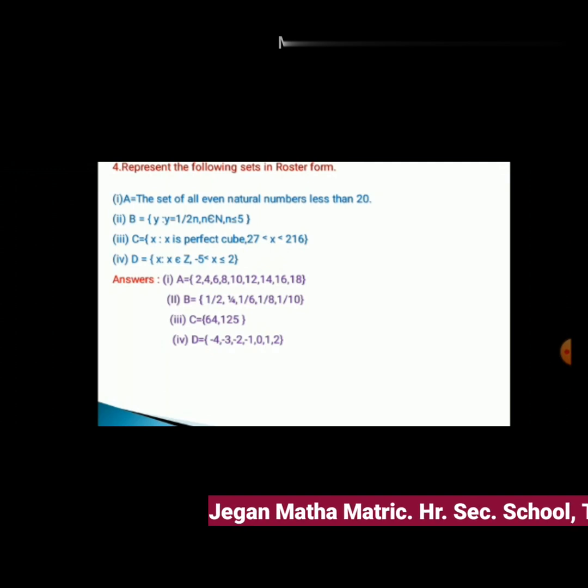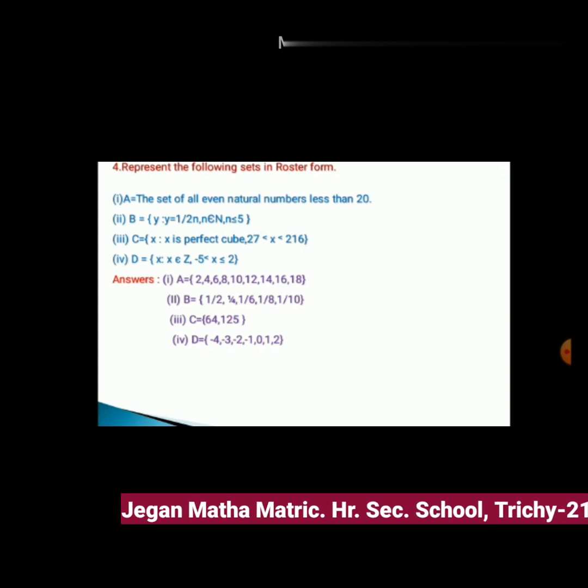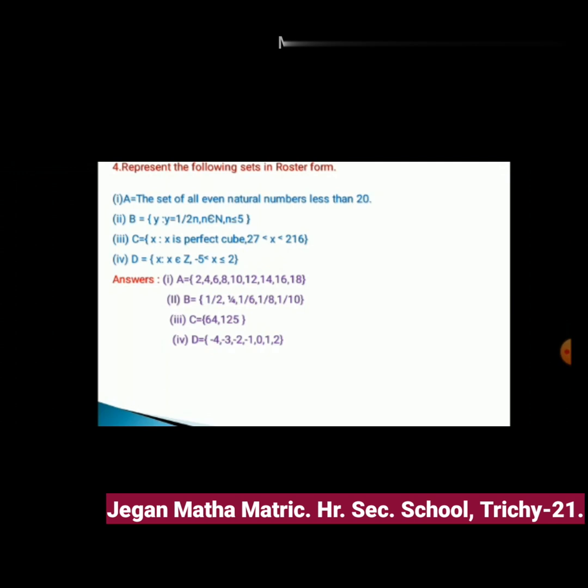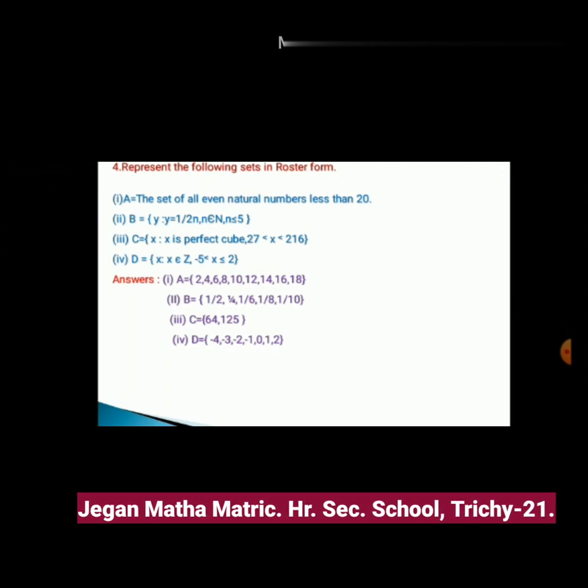The number x is greater than 27 and less than 216, so it lies between them: 4 cube is 64, 5 cube is 125. So C set is equal to 64, 125.